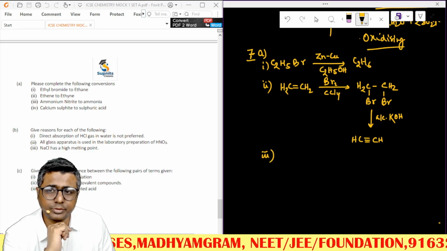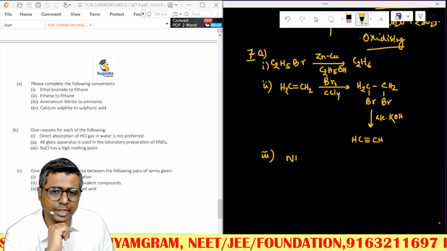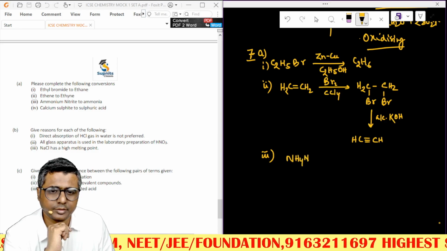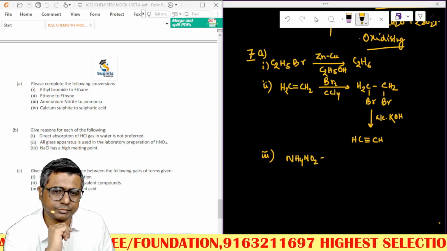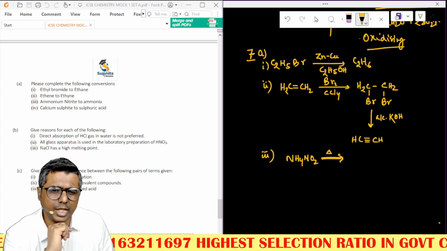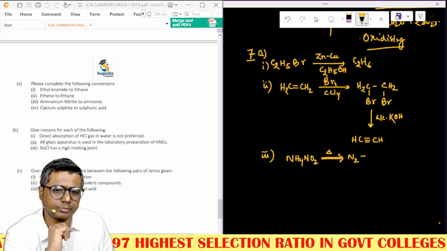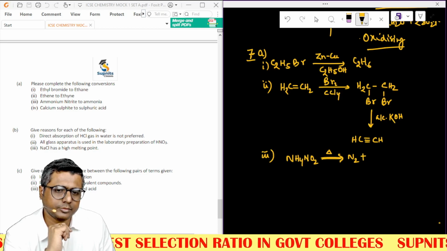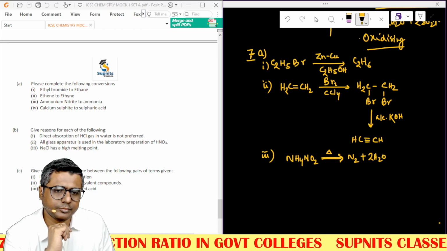Ammonium nitrate to ammonia. Directly giving alkali will not work because it is explosive. So ammonium nitrate, on slight heating, will give you N2 plus 2H2O.